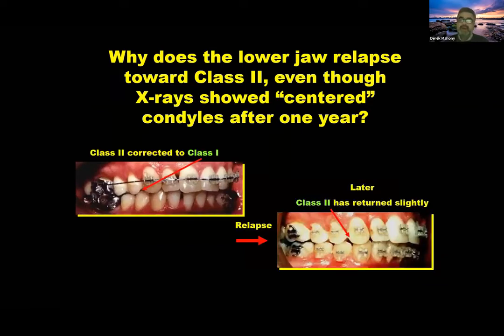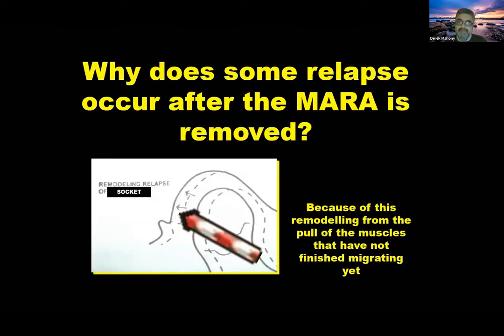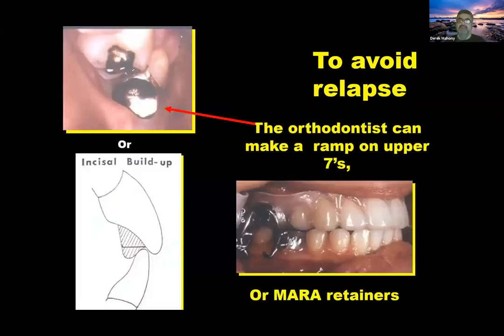That's why I don't just remove my Mara and my braces at the same time. I wean the patient off the Mara so that I can check that I have a stable position of the mandible. And then I allow the muscles to still continue to remodel in the retention period using things like a bionator or a Damon splint, right? Because the major cause of relapse is going to be the natural pull of the muscle to be retrognathic.